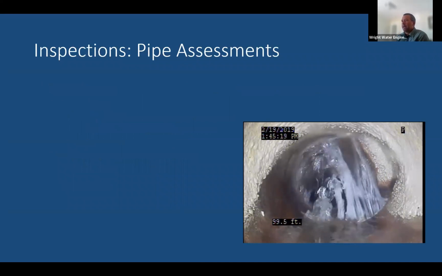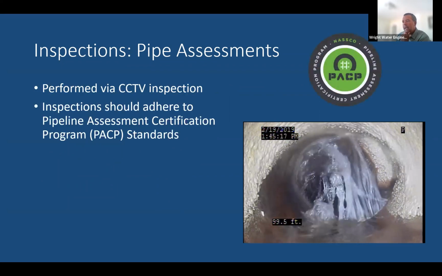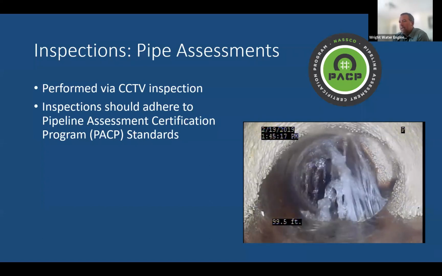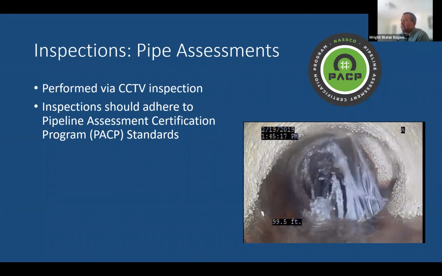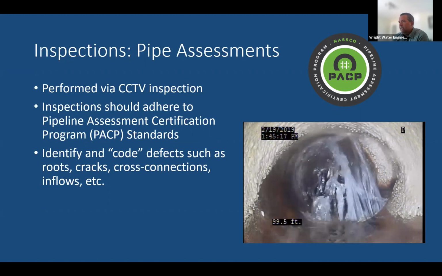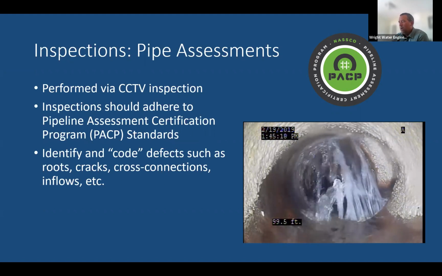So pipe inspections, these are obviously done using CCTV. And there is sort of a standard protocol that's out there. It's called the Pipeline Assessment Certification Program, or PACP. And this really establishes, again, a standard so that when someone's reviewing these videos, they can assign scores and define what the different defects might be.